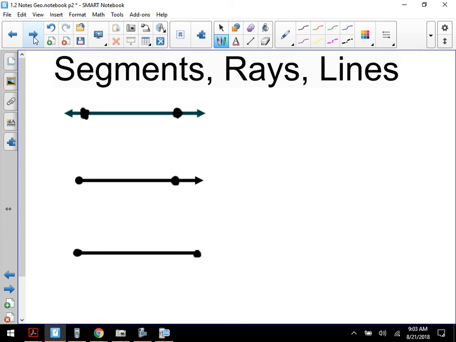Okay. Do you remember these 3 things? Segments, rays, and lines, and what they look like? One of them we've already done. We've already talked about lines. Which of those 3 diagrams depict a line? Very good. The top one does, because it's got the arrows.